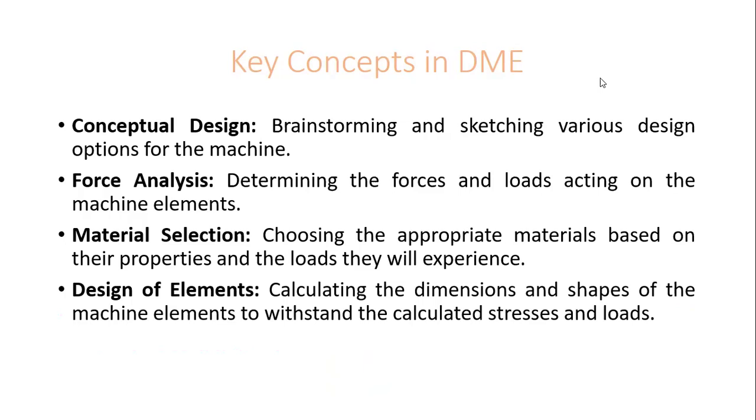Then design of elements. Calculate the dimensions and shapes of various machine elements in order to withstand the stress and loads. In this subject, we are going to see only this as a major part, calculating the dimensions and the profile shape of the machine elements. And we are going to prove whether the stress is within the safer limit or not, according to the applied load.